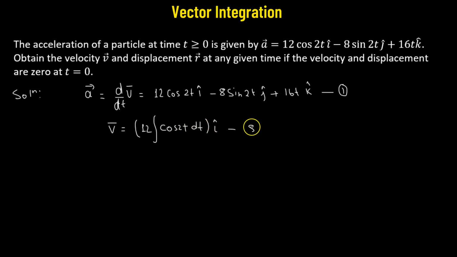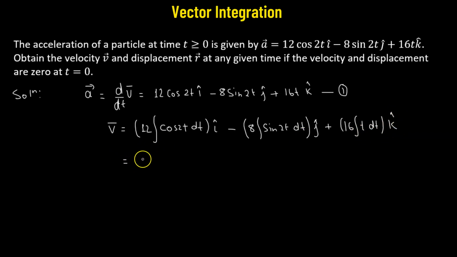Minus 8 times integration of sine 2t dt, our y component, multiplied to j cap, plus 16 times integration of t dt, our z component, multiplied to k cap.